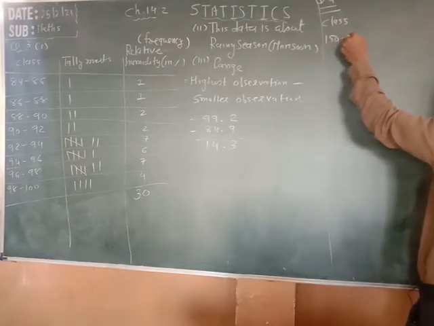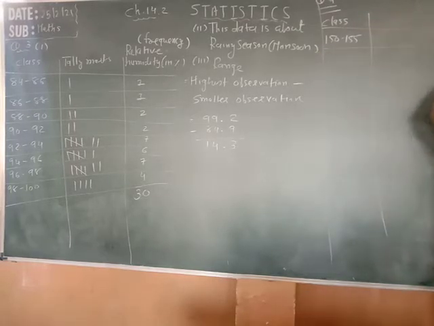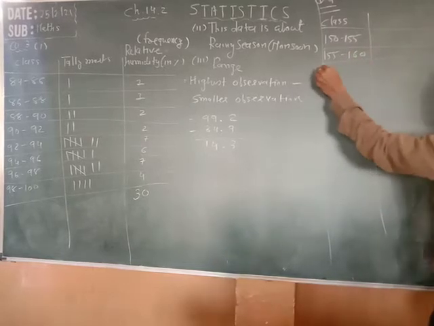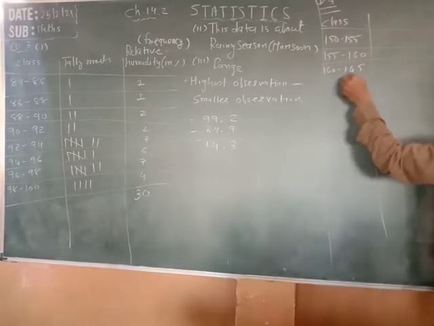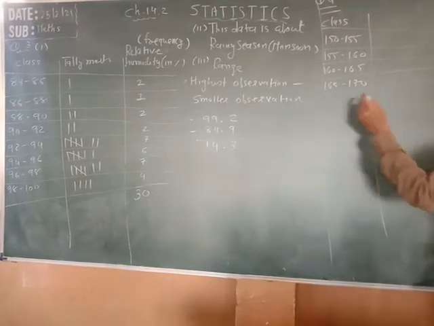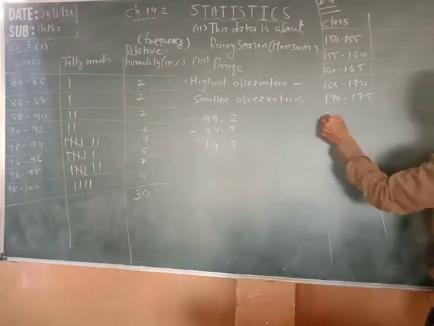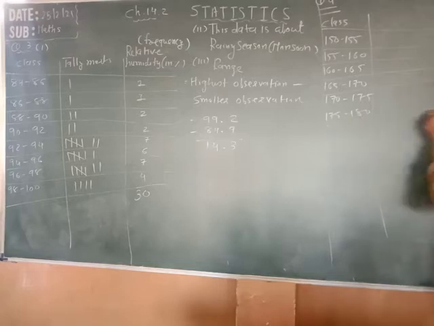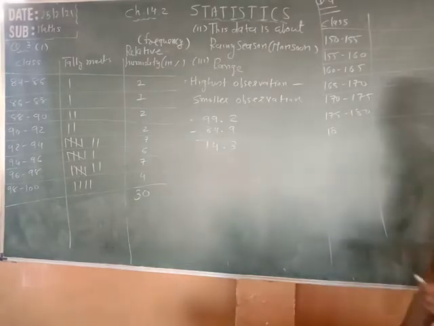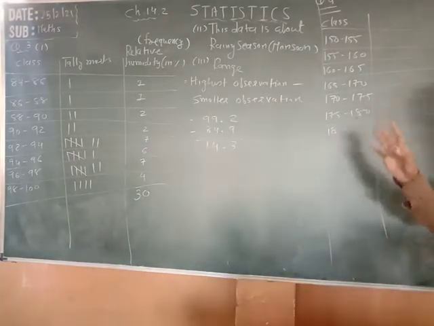The classes will go up to 175. The highest observation is 173, so it is included in the class 170 to 175.